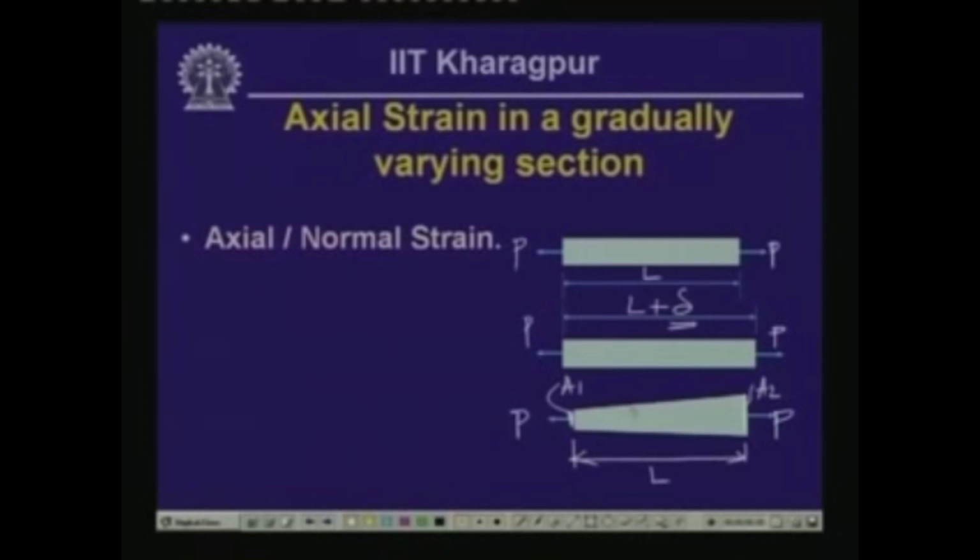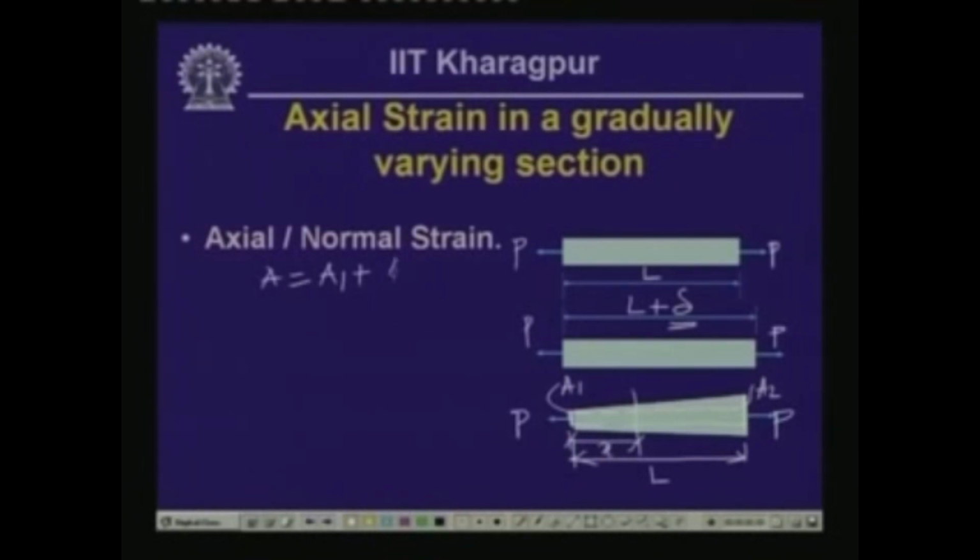Now, at any cross section which is at a distance of x from the left end, the cross sectional area of this bar is going to be equal to A1 plus, if we take a line down, this is also A1. So, this particular length is (A2 minus A1) by 2.